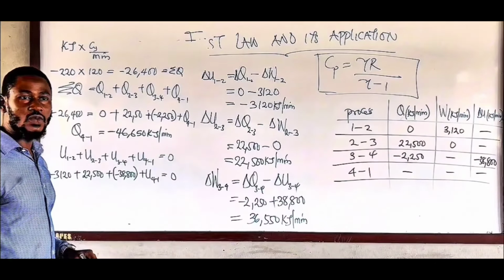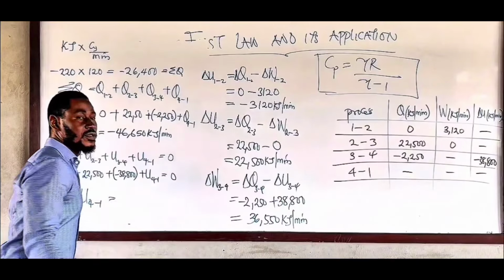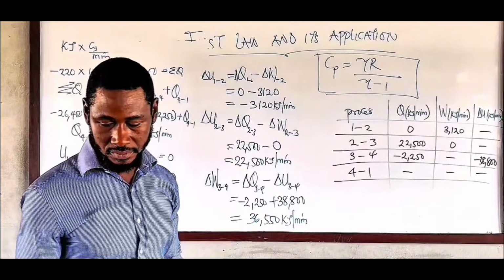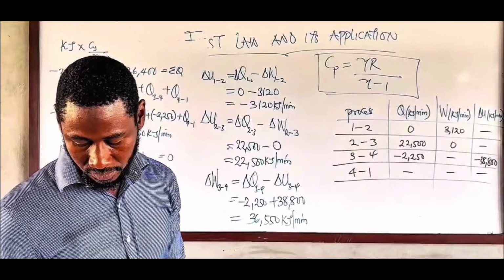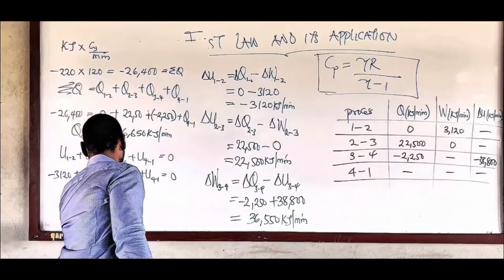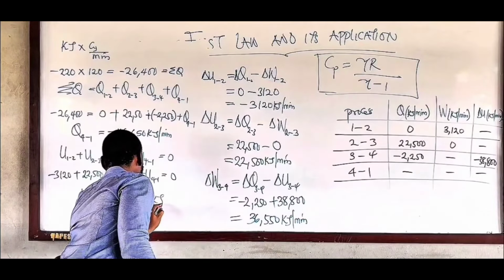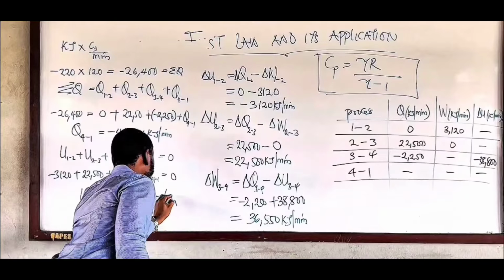So when you punch your calculator, what's the final answer? U4 to 1 becomes 19,420 kilojoules per minute.